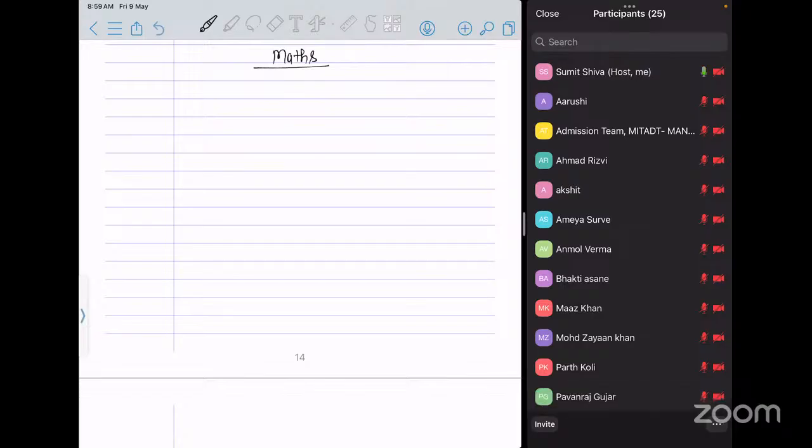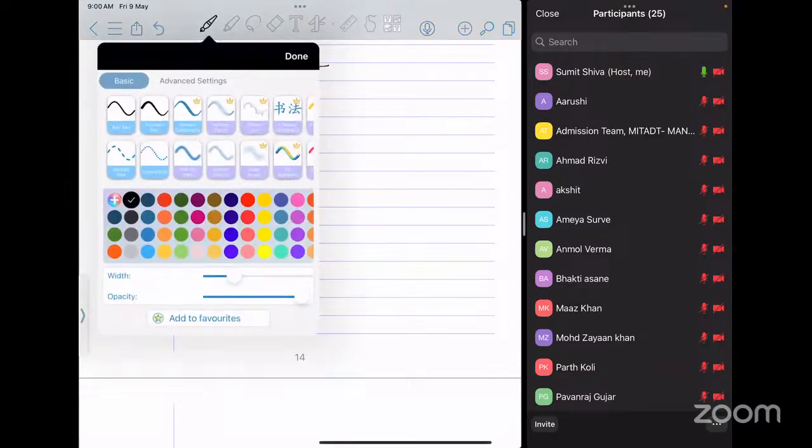In maths, we have done the basic concept of limits, and I hope you have learned all the formulae of limits. Yes or no? Have you done the formulae? Yes, sir.